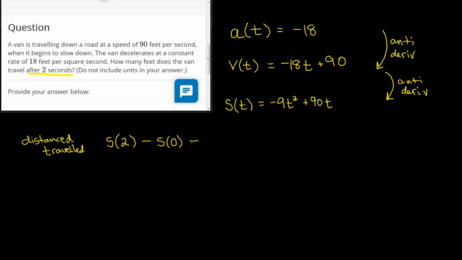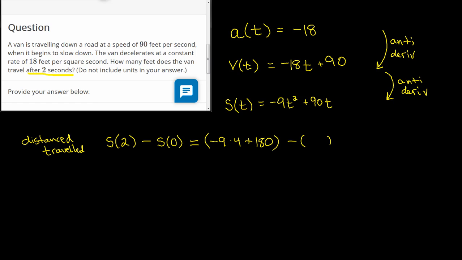And all right, so let's see here. Okay, so well, what do you get if you put 2 in here? You get -9 times 4, and then plus 180. Okay, but then you have to subtract s of 0.